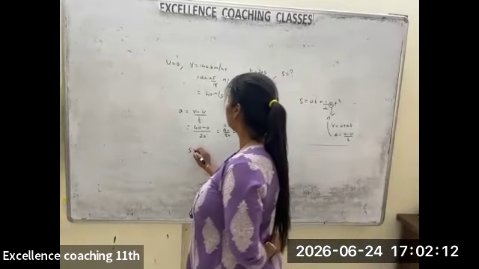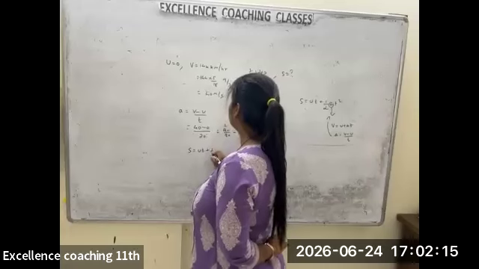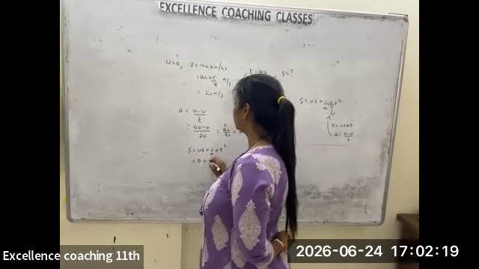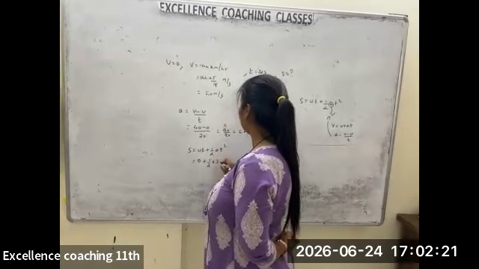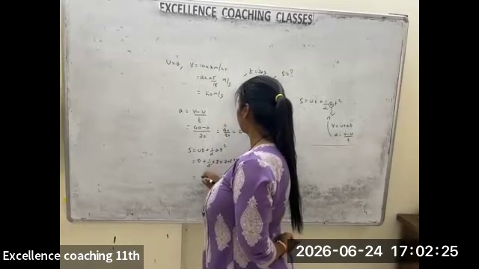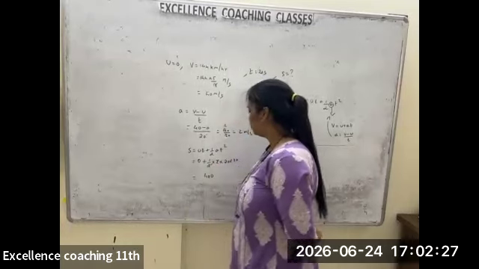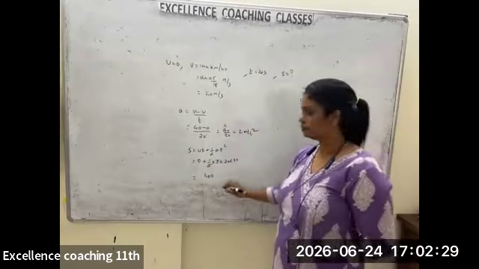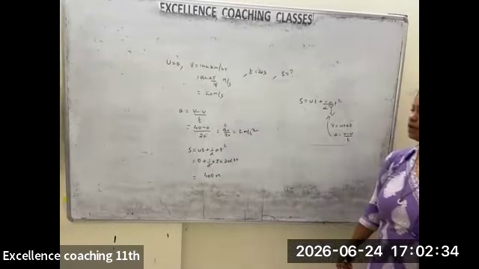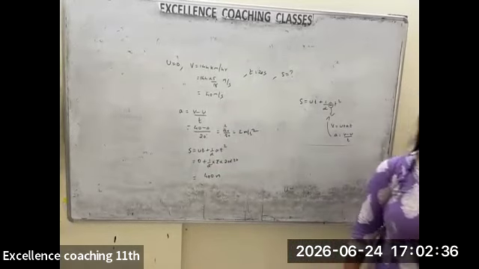Acceleration. Now S will be equal to ut plus half at square. So this term will anyways become 0. Half into 2 into 20 into 20. 400 meter. Just check.